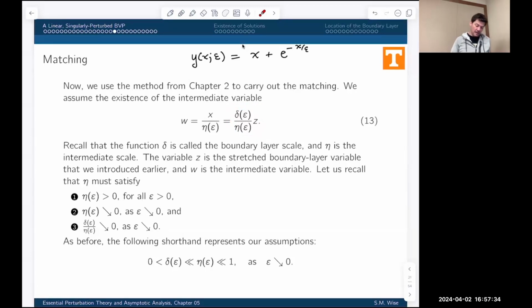Now we need eta to satisfy a couple of properties. First of all, eta of epsilon should be a positive function of epsilon. Second, eta of epsilon should go to 0 as epsilon goes to 0. And delta of epsilon over eta of epsilon should go to 0 as epsilon goes to 0. In other words, whatever scale we have for delta, this eta scale should be dominated by it.